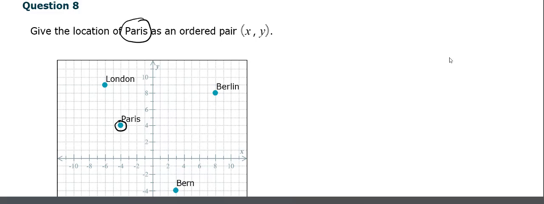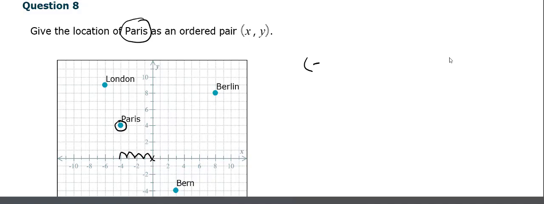So our starting point is our origin. So to find our x value, we determine how far left or right we're moving in order to get to where Paris is located. So in this case, we have to move to our left 4 places.